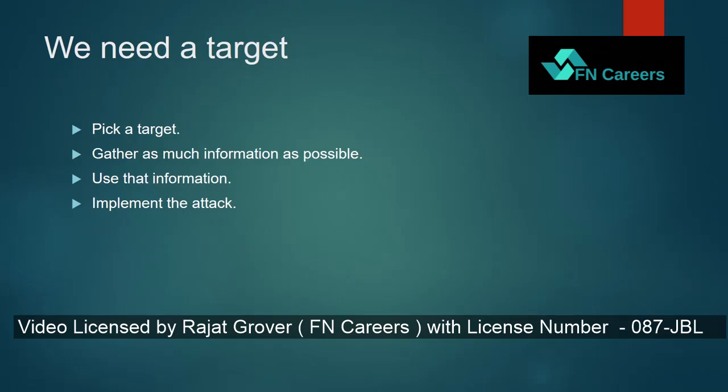So the first step is to pick a target, of course. We need someone to aim our attack against. Therefore, we need to gather as much information as possible about that target. Immediately after we pick a target, we need to start analyzing everything we can about him, and not only on Instagram. The more information, the more opportunities for social engineering attacks.